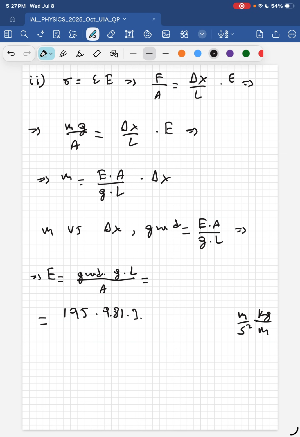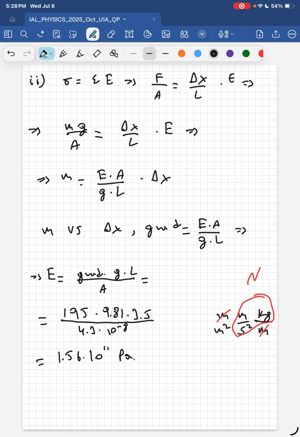The length is 3.5 meters, and then we have to divide by 4.3 times 10 to the negative 8 meters squared. So this unit over here is the Newton. We can cancel these meters, and then newtons over meter squared is pascals. So the final value is 1.56 times 10 to the 11 pascals.